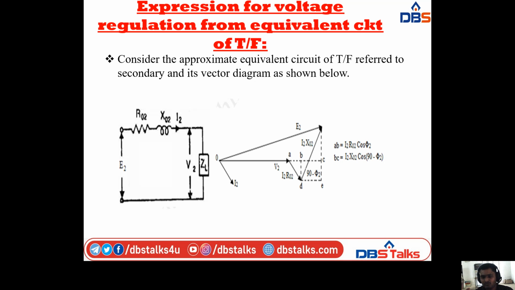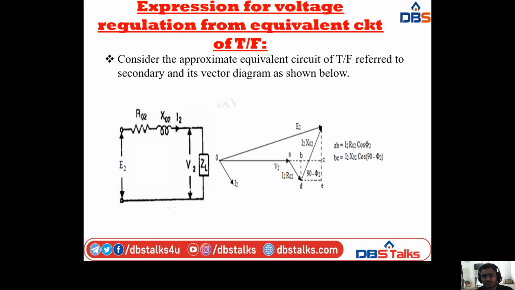Next we have two drops. Why? Because in this circuit we have R02 and X02, and here we have the current I2. Depending upon these, we have the voltage drops I2 R02 and I2 X02. I2 R02 is represented with the AB line, and next we have BC, that is I2 X02.